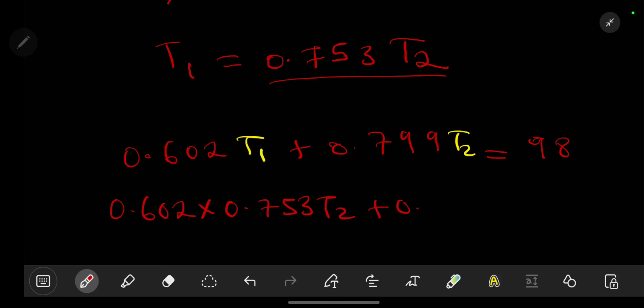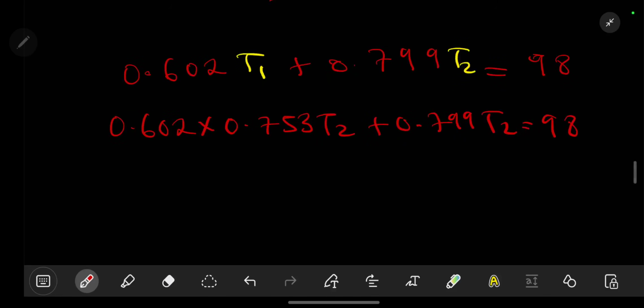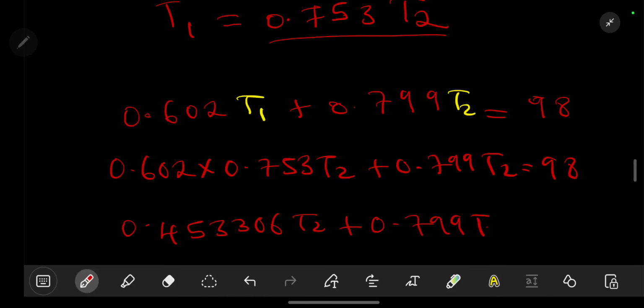Then we have plus 0.799 T2 should be equal to 98. Then we are going to multiply 0.602 times 0.753. This is going to give us a value of 0.453306 T2 plus our 0.799 T2 should be equal to 98.